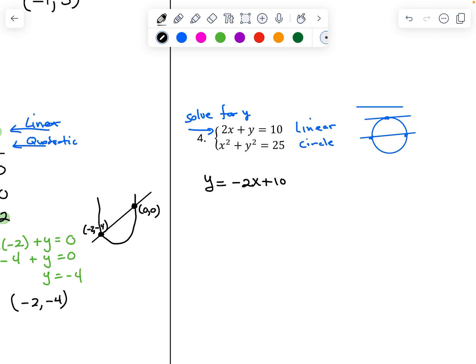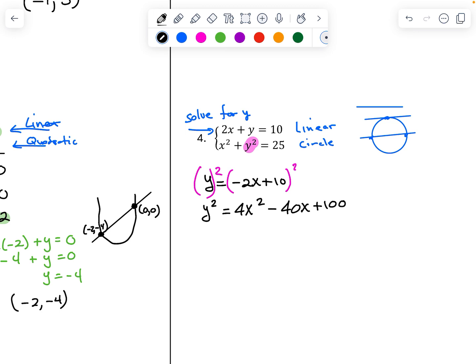Then, because the second equation has y squared, I am going to take this equation and square it because I don't really care what y is. What I really care about is what y squared is. That's going to give me y squared equals 4x squared minus 40x plus 100.